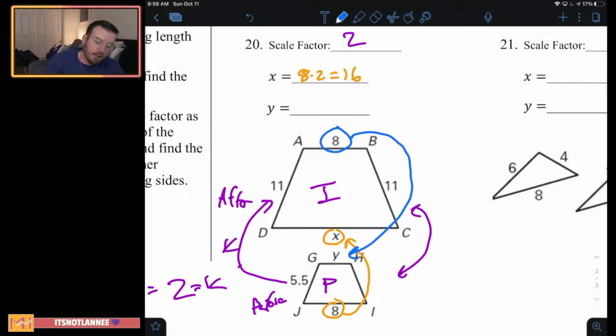If the scale factor to enlarge is 2, then the scale factor to shrink is a half. And half of 8 is 4. With me on that?